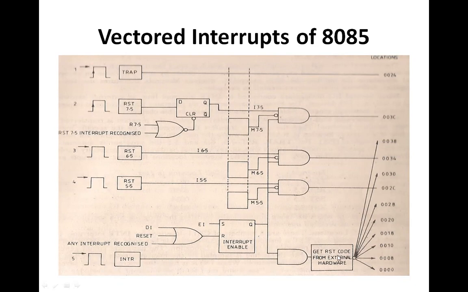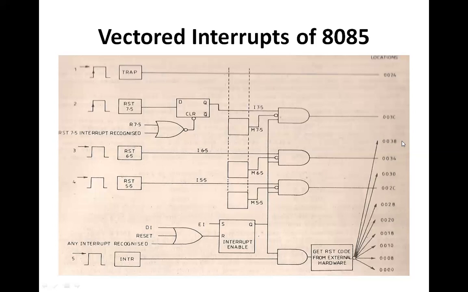Depending upon the assertion of the RST code, it will go to the location either 0000, 0008, 0010, 0018, 0020, 0028, 0030, or 0038. And these locations are specified for the individual instructions asserted by that device.